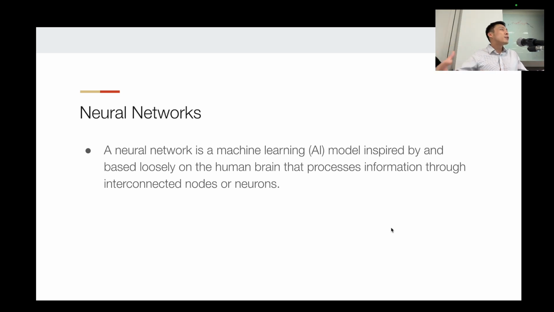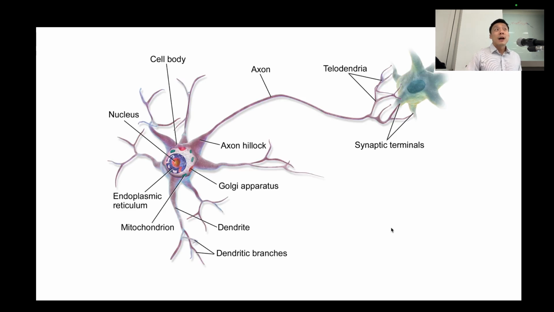Since the human brain can do so many intelligent things, if we can make a model that mimics its biological properties, then it should do something intelligent. This is a great idea that people came up with 60, 70 years ago and it became the main thing that we do now. How does the brain work?